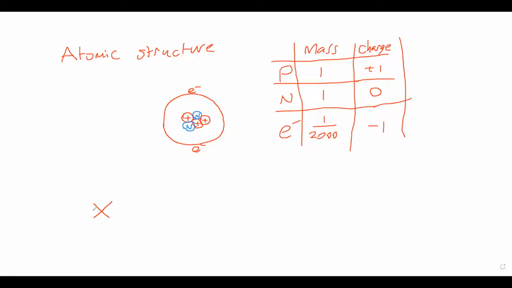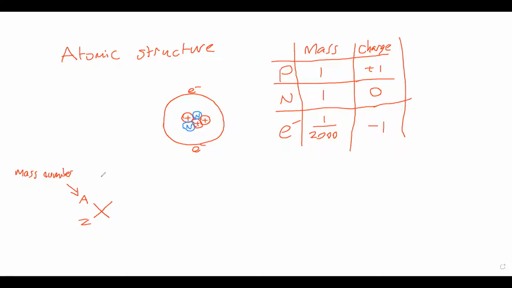So if we've got an element X, X is going to have 2 numbers associated with it. It's going to have the number above and the number below. Now, the number above, the bigger number, is the element's mass number. Now, this is the total mass of that atom, of that element.